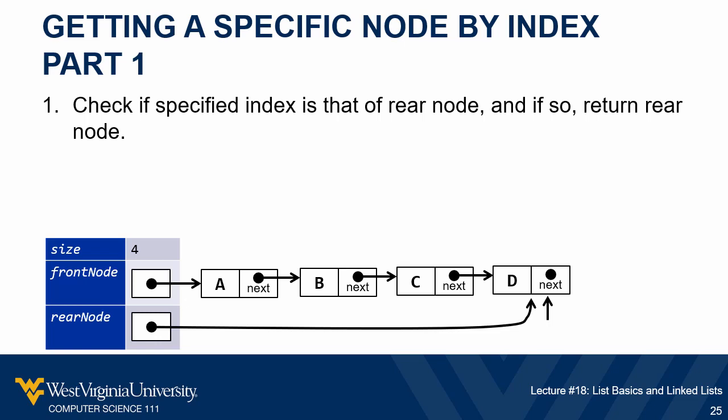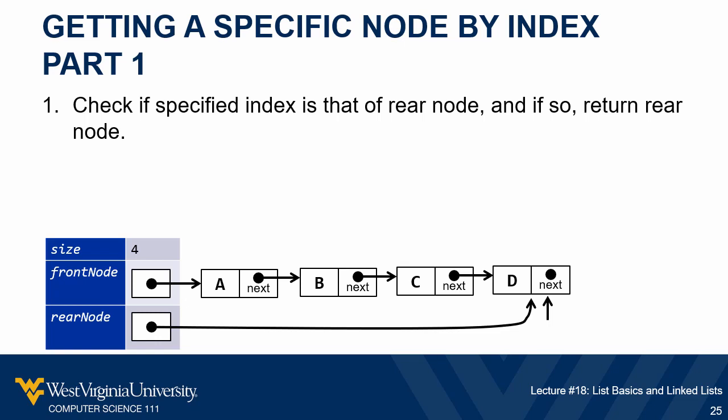And we're going to check to see, basically, does the index equal this dot size minus 1, because that's going to be the index of our last node. If it does equal the index of our last node, we're just going to return this dot rear node. That way we can get directly to the point.